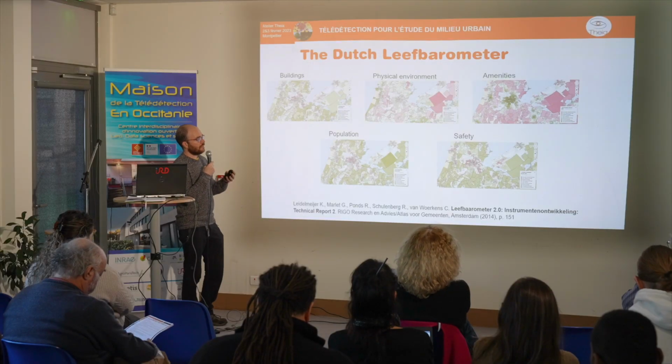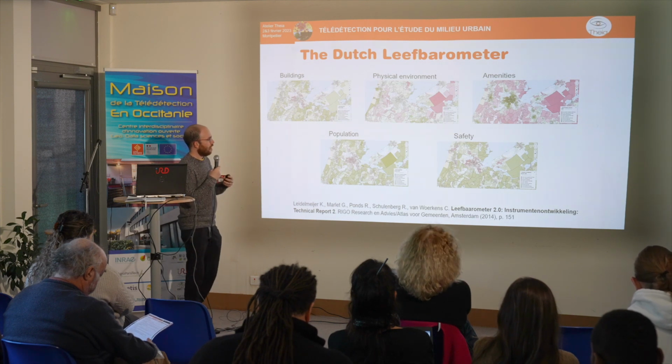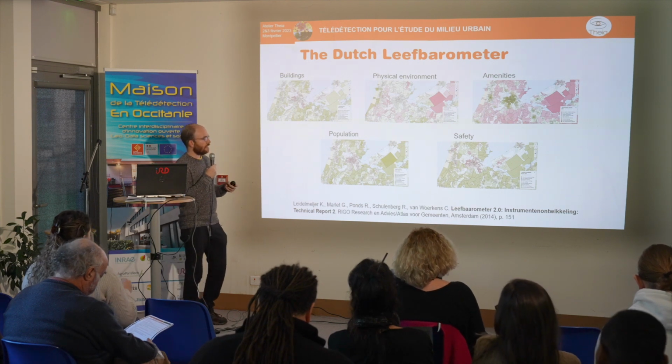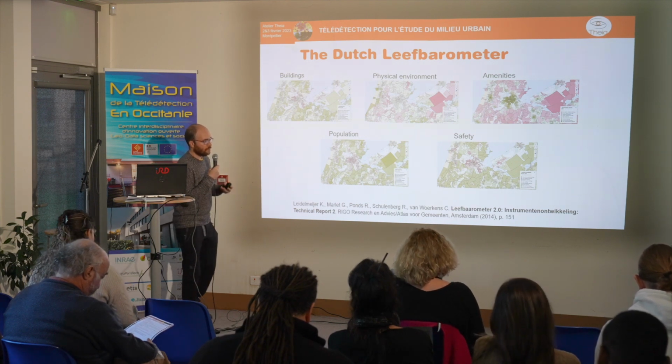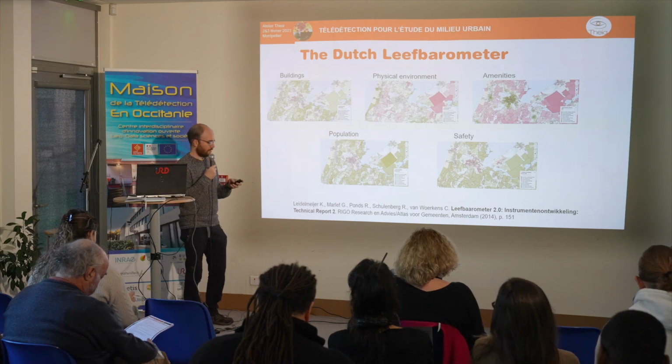Buildings is more related to the quality of the buildings, the time they were built in, the type of buildings and so on. The physical environment relates mostly to green areas, but also access to nature. Amenities relate more to distance to train stations, to hospitals, things like this. Population has some demographic variables in there, and safety is more like reported crime or perception of crime and things like this.